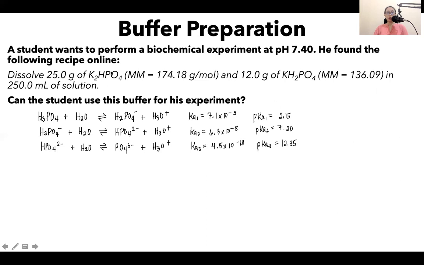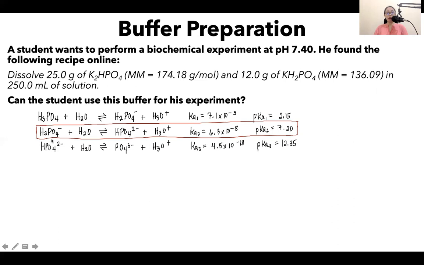So you should be able to see that from this recipe, the equation that should be the basis for the computation is the second dissociation reaction. You have the components in the recipe, right?